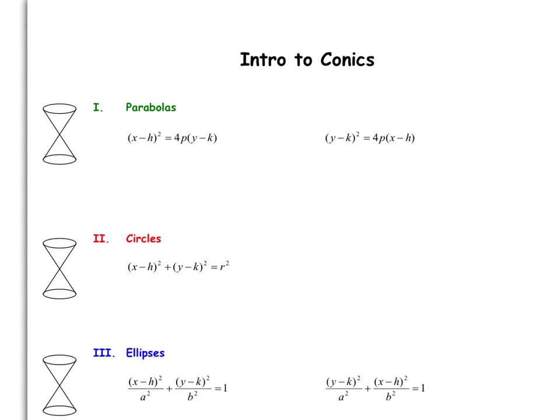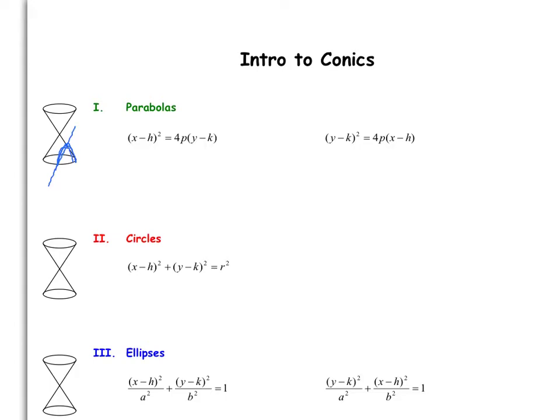Okay, so for the first one we're going to look at parabolas. We've already looked a little bit at parabolas, and the way a parabola is formed is by cutting this double cone here. If I cut this cone right here with a plane, then you would form a parabola shape.